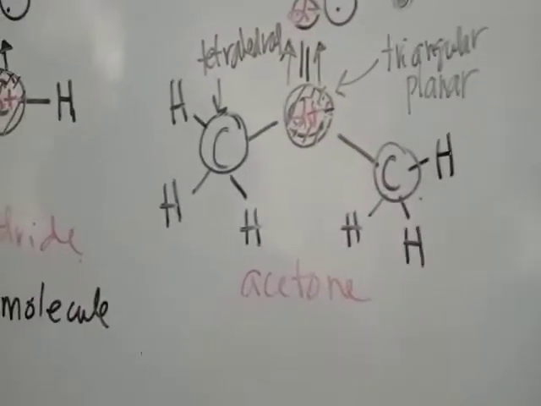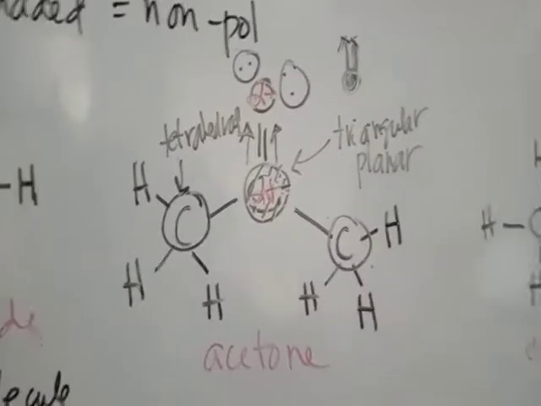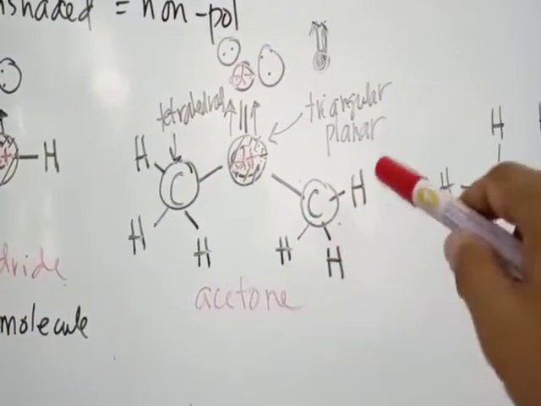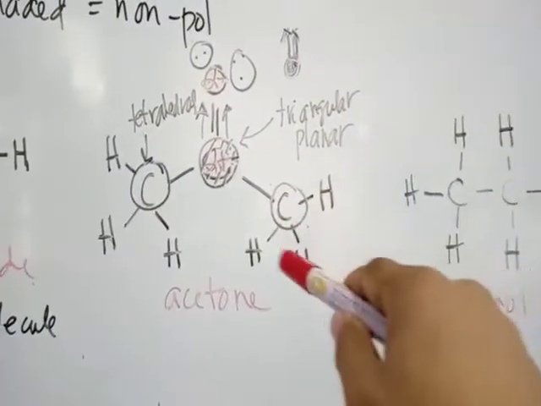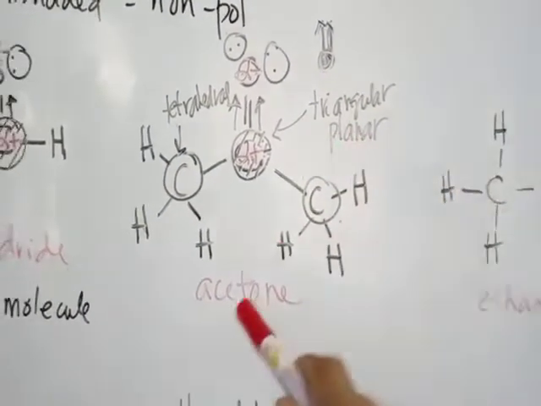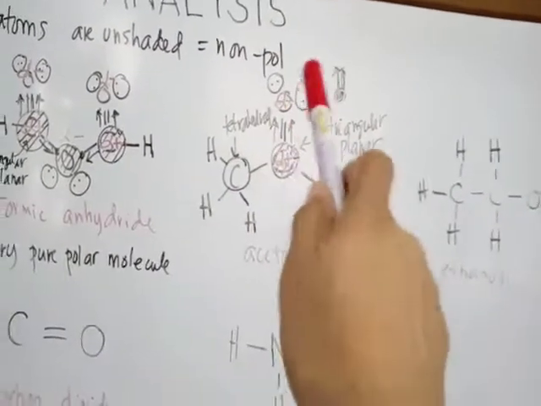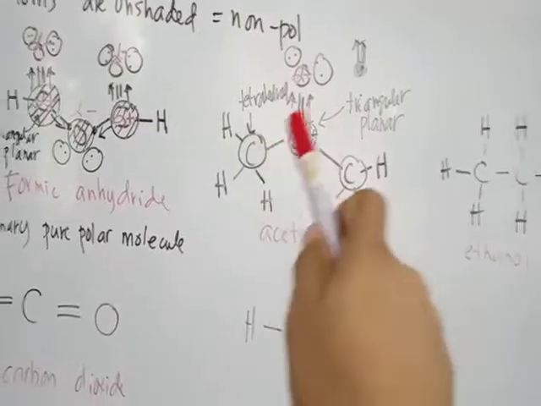Okay, let's now categorize. Before categorizing, let us find partial positive hydrogens. Are they partial positive hydrogens? No, they are not. Are they partial positive hydrogens? No, they are not. So as you can see here, there is a central atom that is shaded, and there are central atoms that are not shaded.